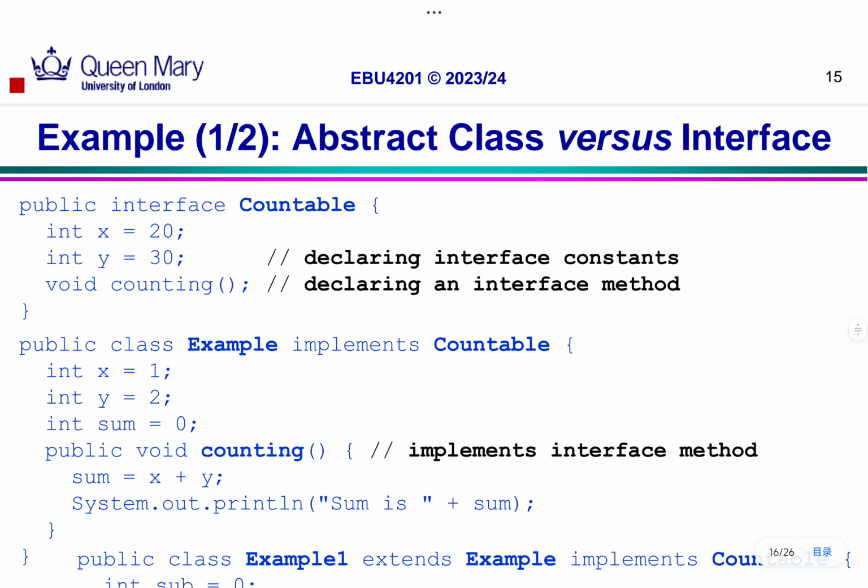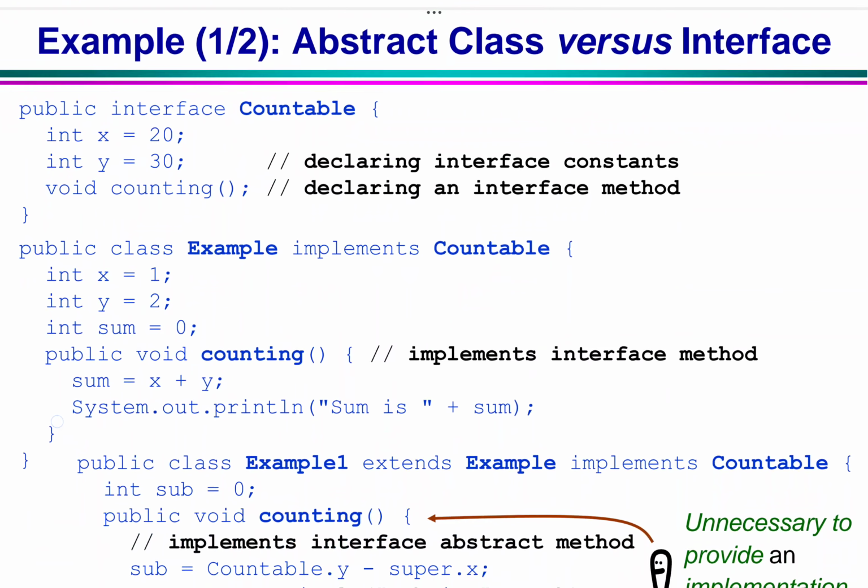Example: abstract class versus interface. Public interface Countable, int, void count, declaring an interface constant. Declaring an interface, public class implements Countable.